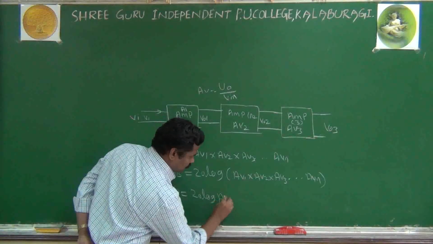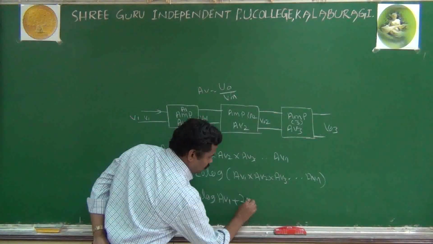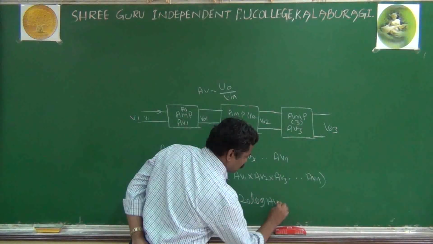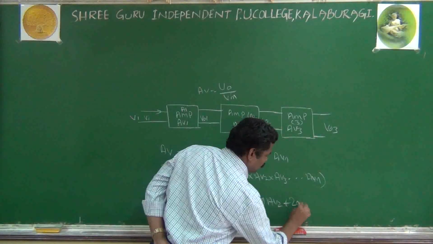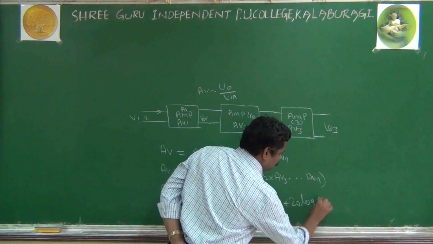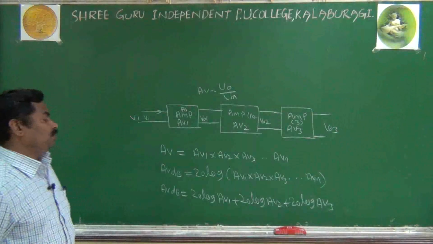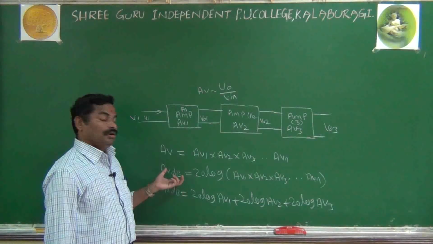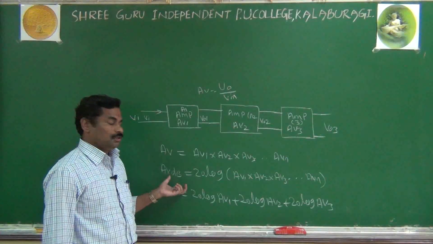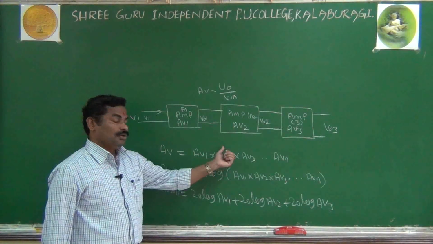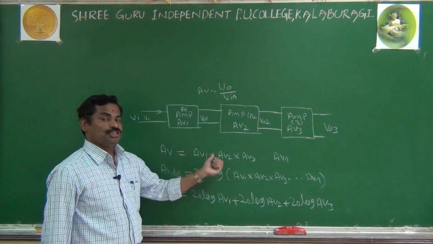So AV in dB is 20 log AV1 plus 20 log AV2 plus 20 log AV3, and so on. It means if you are not using the decibel scale, the voltage gain is the product of the individual stages' gain.